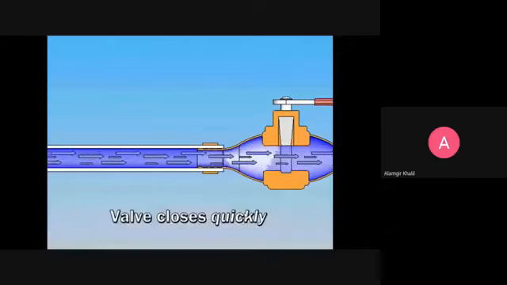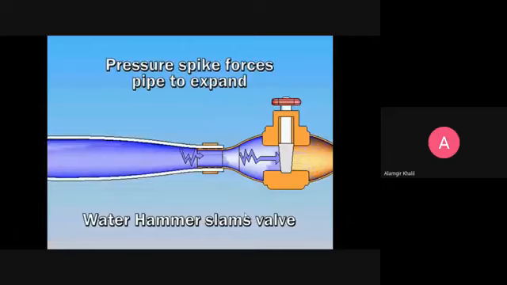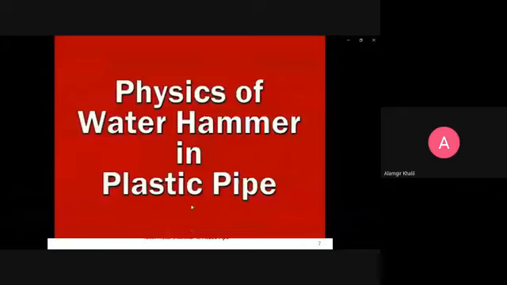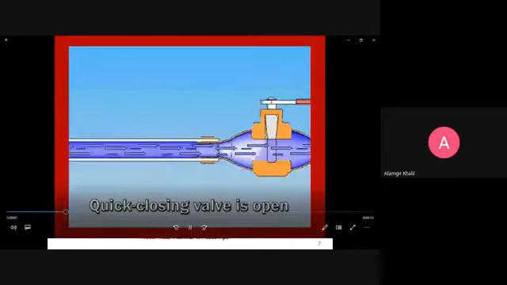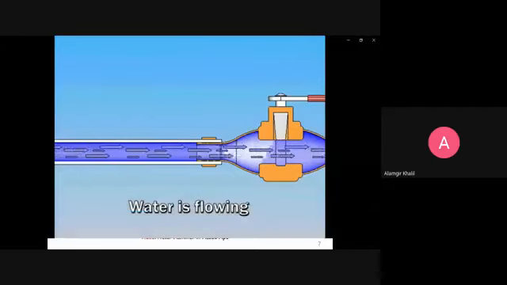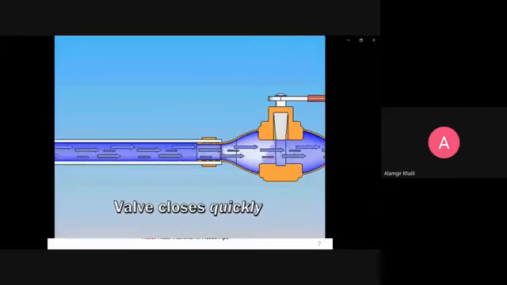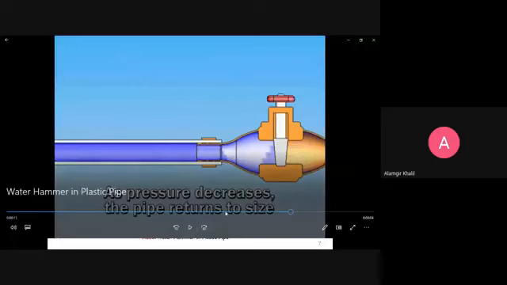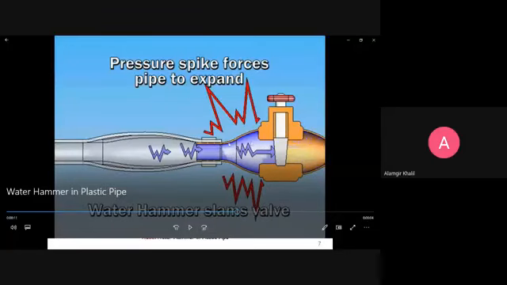When we suddenly close the valve, you can see the effect. This is water hammer. Water is flowing in an elastic pipe, and when we suddenly close the valve, you can see the effect.